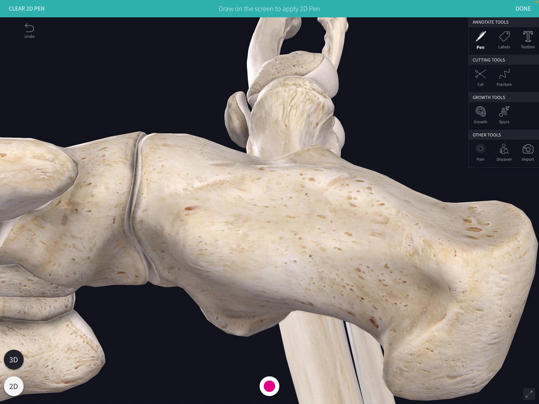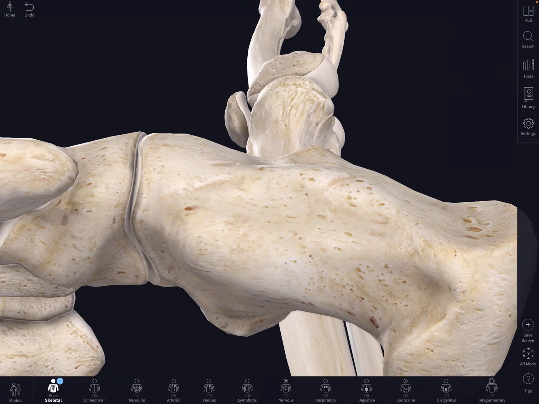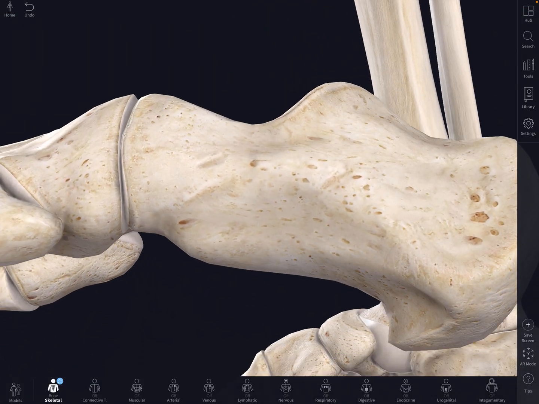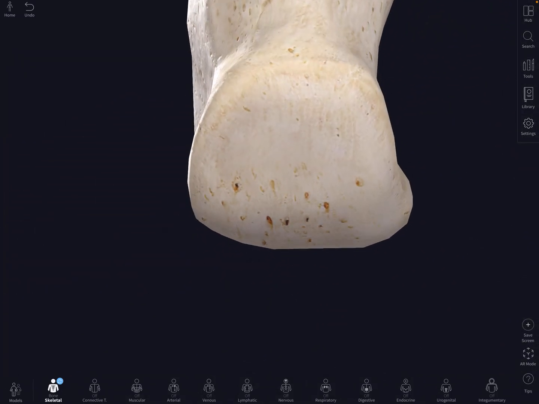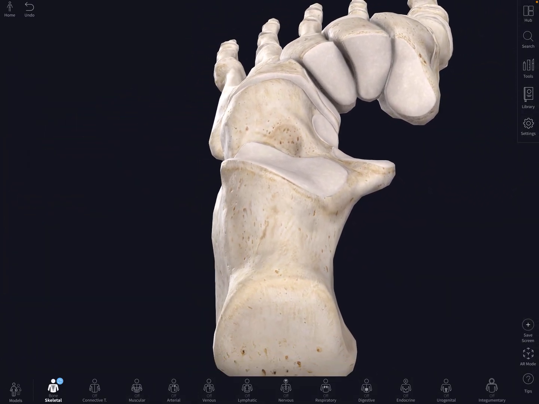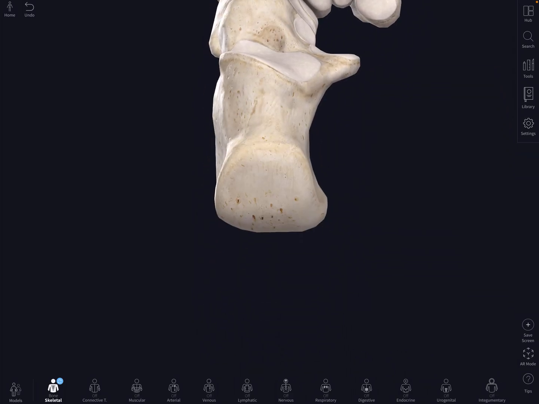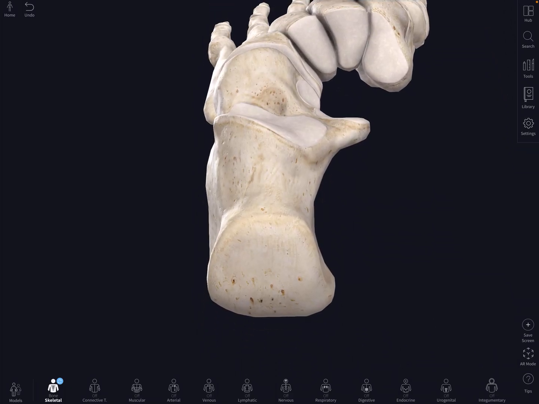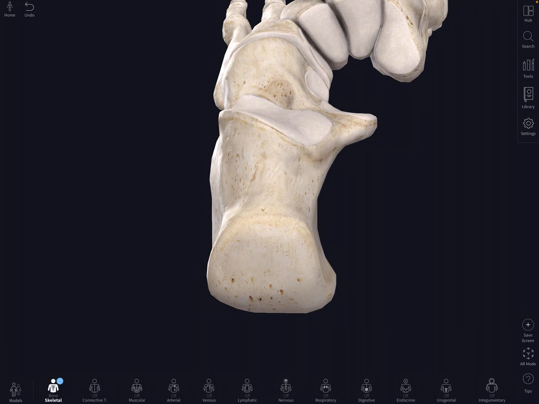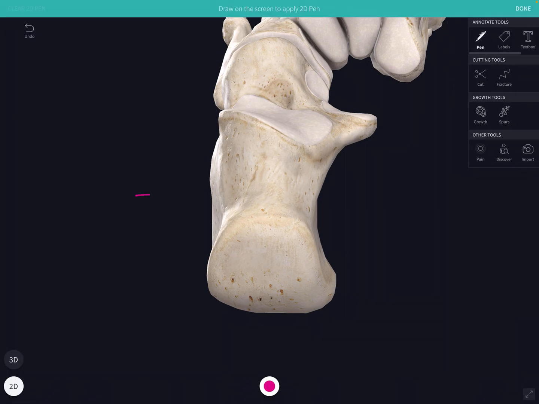Let's go back to the medial aspect of the calcaneum. Here's our lateral surface over here, because there's the base of the fifth, which is lateral, and this is the medial surface, or the medial border.